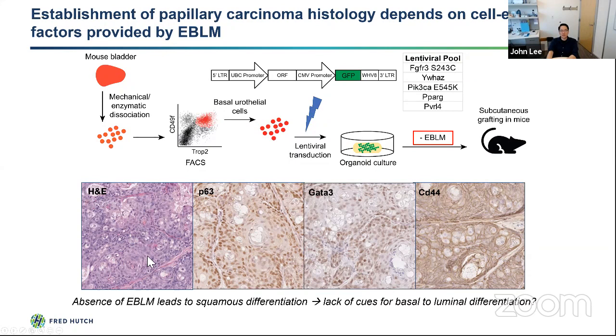You can see that pretty clearly here with this onion peel type squamous differentiation. This leads us to question whether the lack of cues for basal to luminal differentiation within this model system, which are presumably derived from EBLM, leads to squamous cancer differentiation.